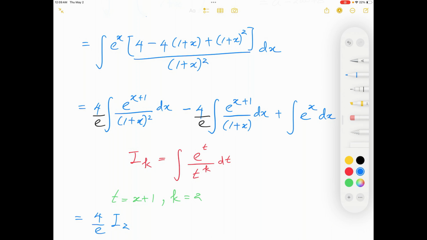Similarly, the next integral can be written as minus 4 divided by e. For that also, t is equal to x plus 1 and k is equal to 1. Therefore, that term is equal to I sub 1. And then we have plus the integration of e raised to the x. We know the integration of e raised to the x is equal to e to the x.